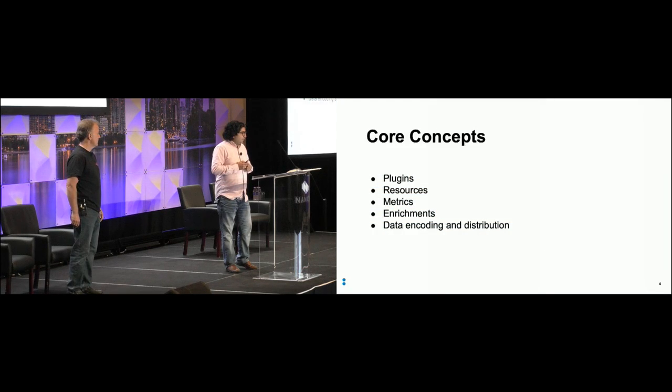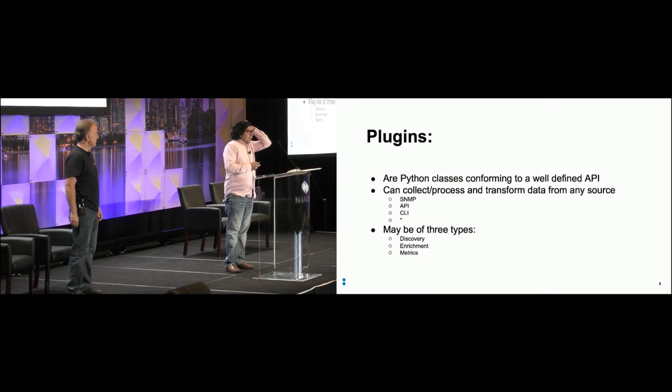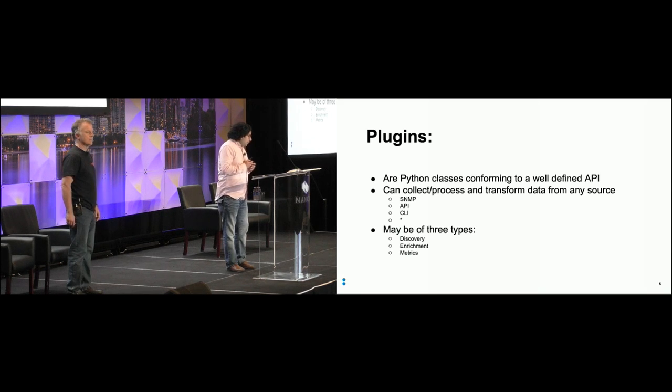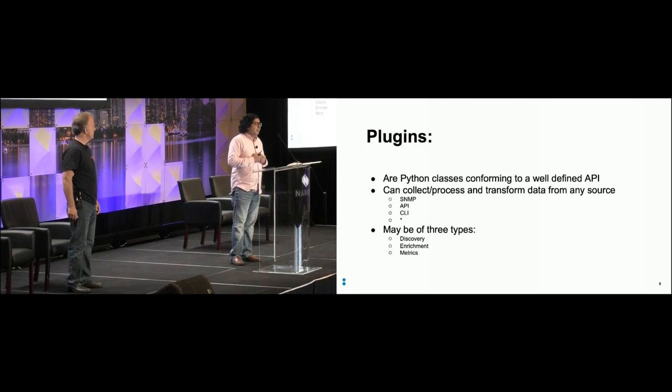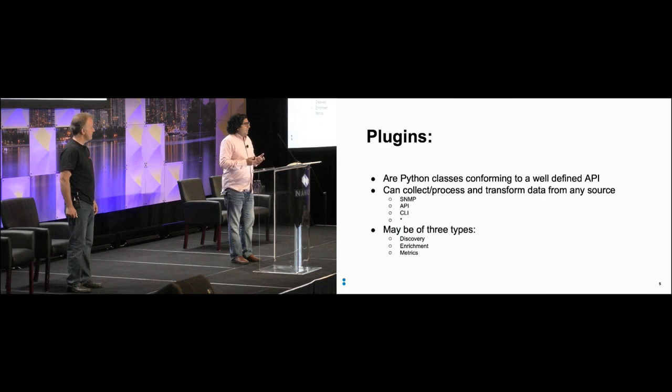I'm going to go through some of the core concepts that Panoptix as a platform has. So the very first concept is this notion of plugins. And this is where Panoptix is actually fundamentally different from a lot of SNMP-based polling solutions. What a plugin is essentially, is an implementation of a well-defined Python interface class.